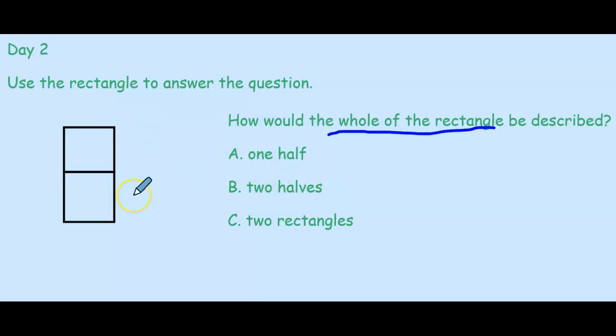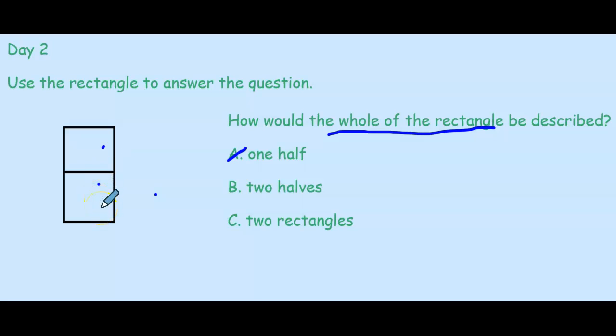Is this 1/2, 2 halves, or 2 rectangles? Well, we know it's not 1/2 because I see 1, 2 equal parts. Is it B, 2 halves? Yes. So far, it looks like that's the answer.